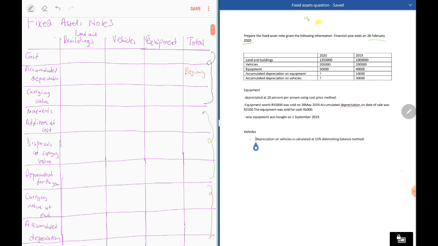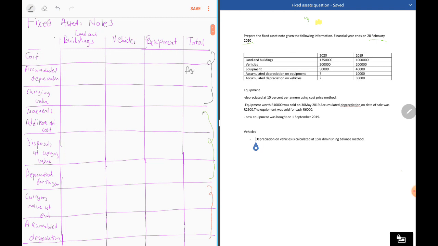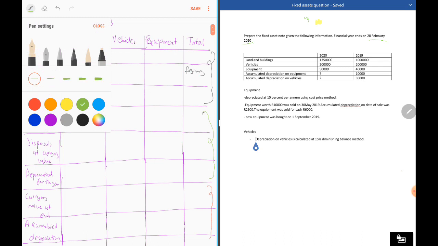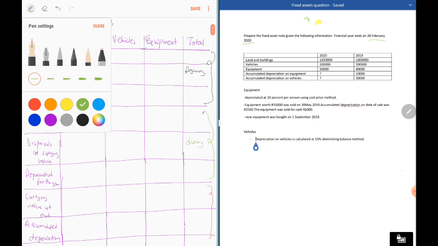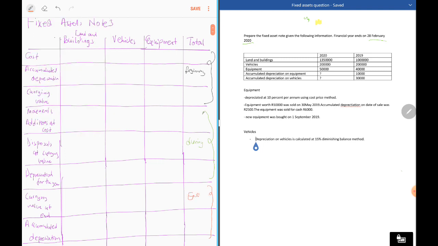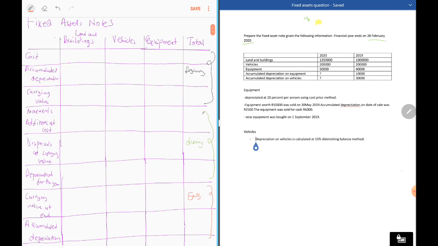Don't worry, it doesn't matter that much because the totals you just add. That's simple math. Sometimes they don't ask you to put the totals column. So that's the beginning of the year, and this is the during, and then we have the end. Fine. So let's just prepare the fixed asset note.